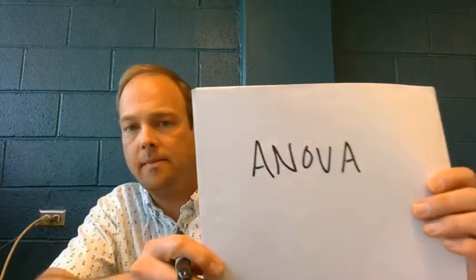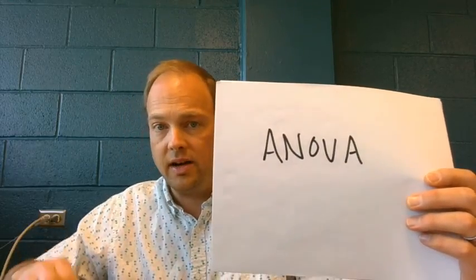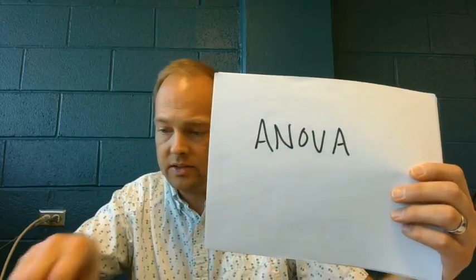We're going to work with a procedure known as ANOVA, or specifically analysis of variance. That's what ANOVA stands for. When I say ANOVA, that's the word I'm referring to on the sheet here, and it is analysis of variance.